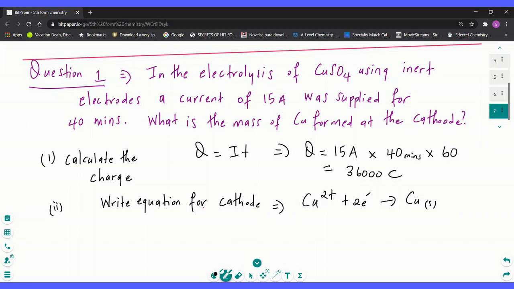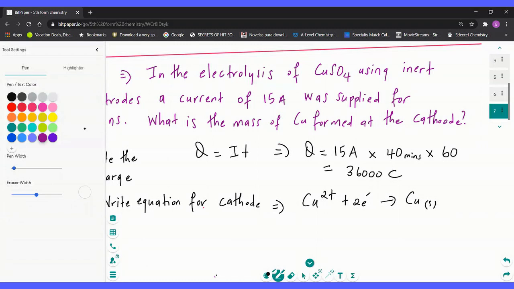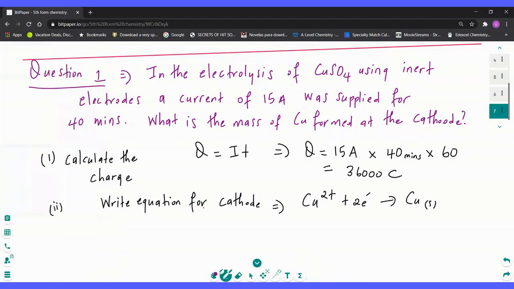Now, from this equation, we must be able to see the relationship between our electrons and our copper. It takes 2 moles of electrons to give us 1 mole of copper. This is called a mole ratio. So if we want to make 1 mole of copper, we would need 2 moles of electrons.